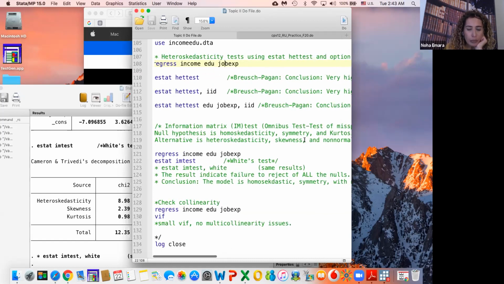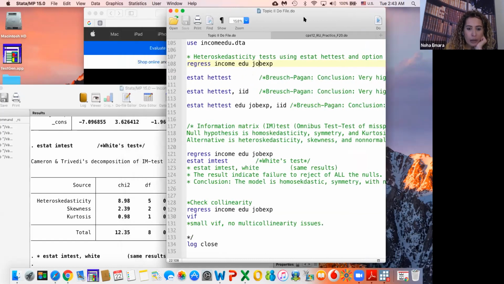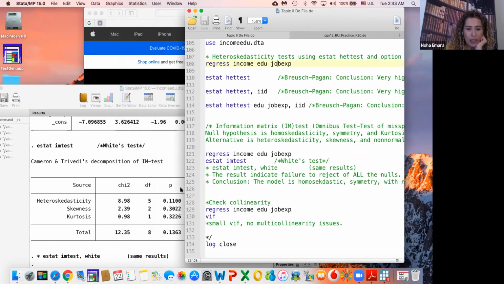Okay. So again, you basically look at the p-value. It's the easiest way to analyze any test. So here I have 11% probability, which exceeds the 5%, 11% probability of homoskedasticity. Okay, so the model is homoskedastic. I have a 30% probability of symmetry.